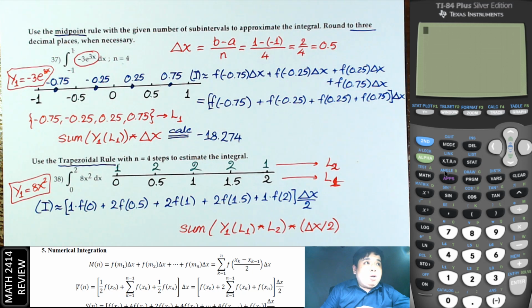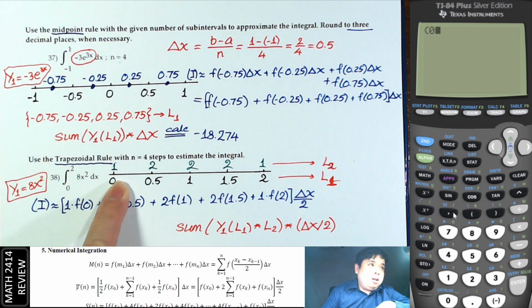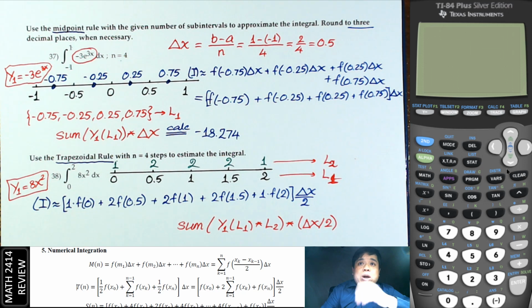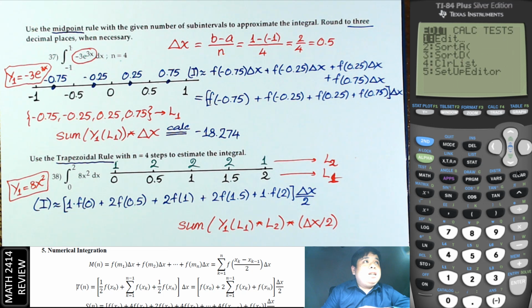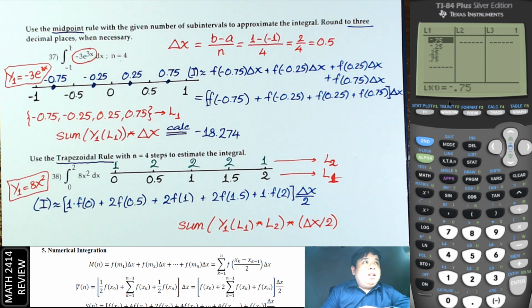Of course we can just use the bracket to store the numbers 0, 0.5, like that. Another way to do this is hit stat and then enter. Now you see there's the numbers here, right? If we want to clear, highlight it, hit clear and enter.